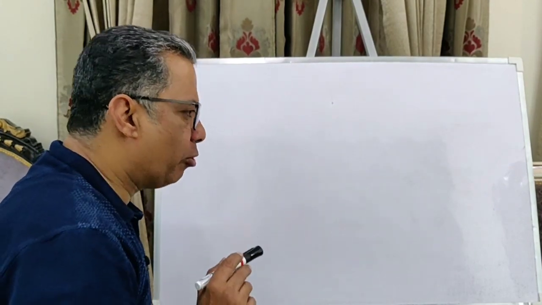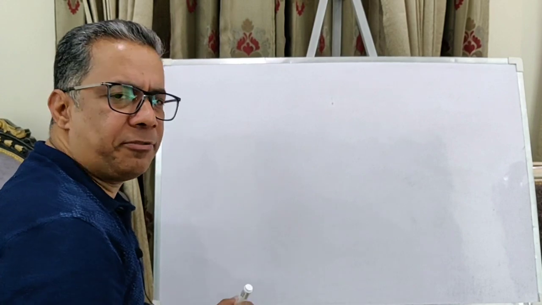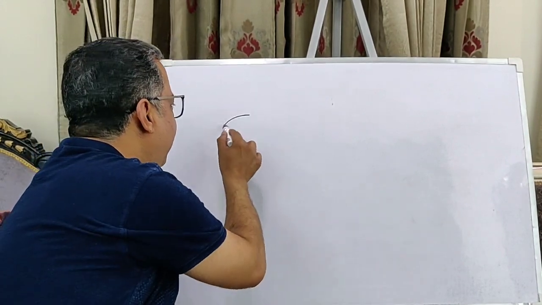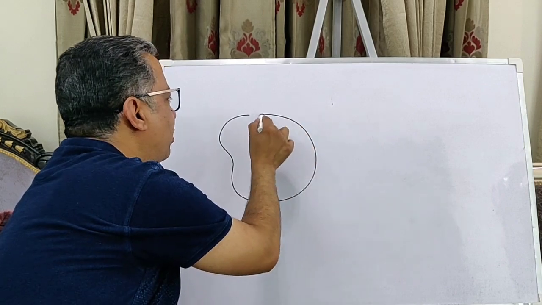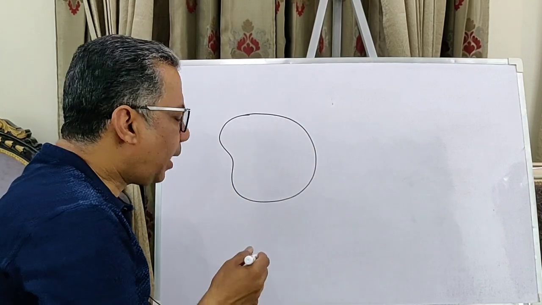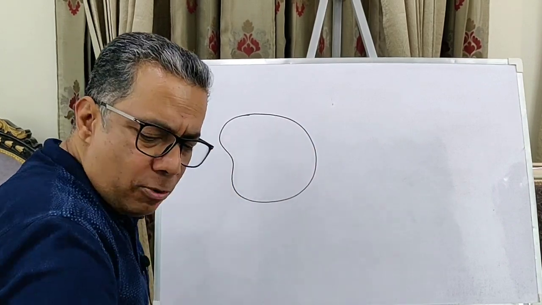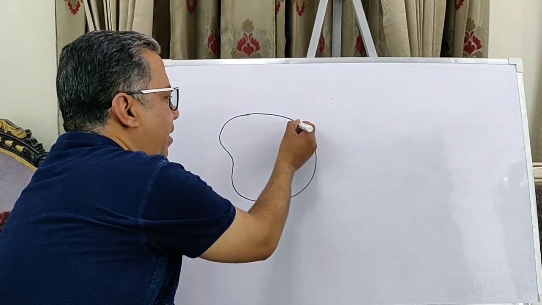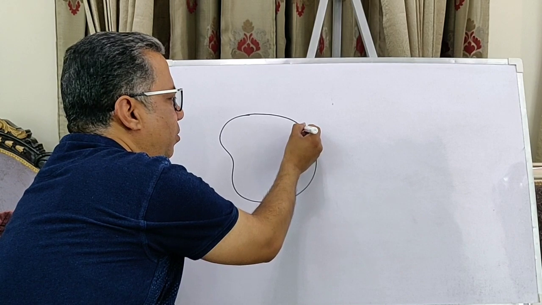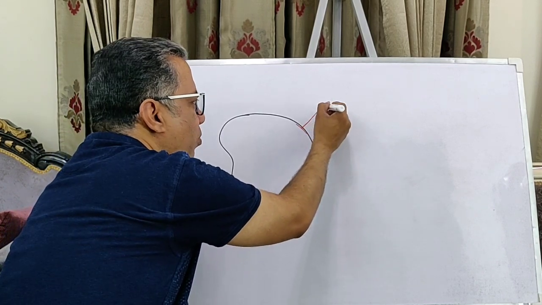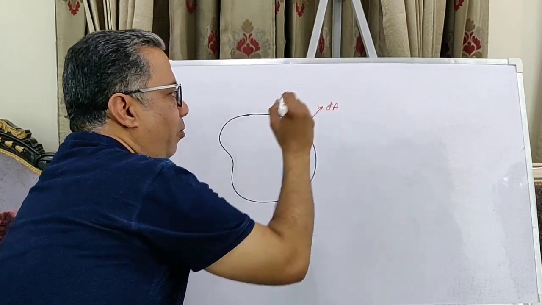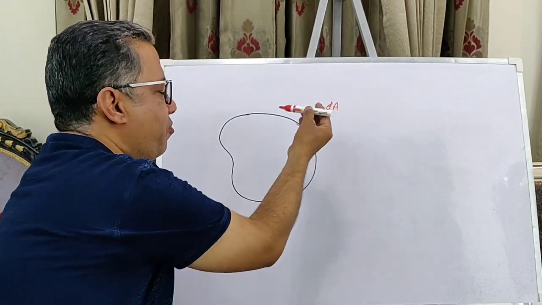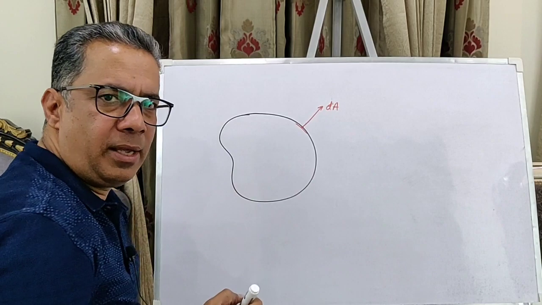Before going any further, I want you to understand one little point: if we have a closed surface here, then we are bound by convention to consider the area elements to be represented by outward area vectors. So the area vectors have to be outward and never inward.